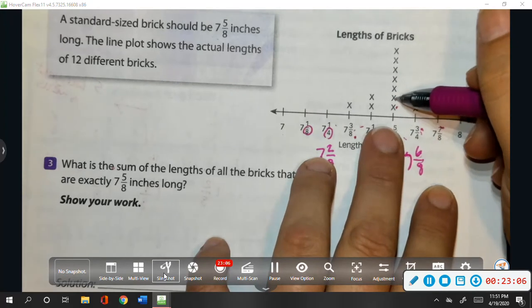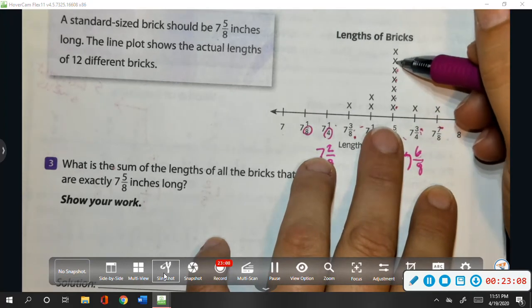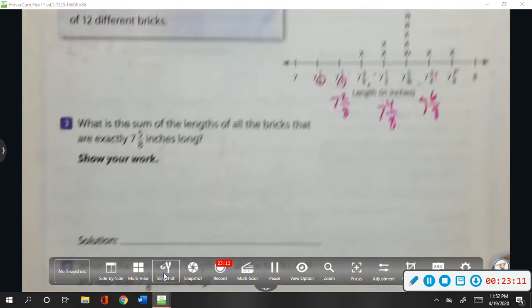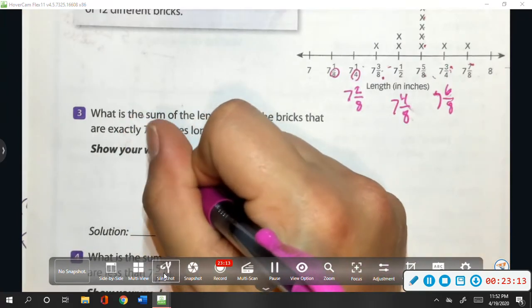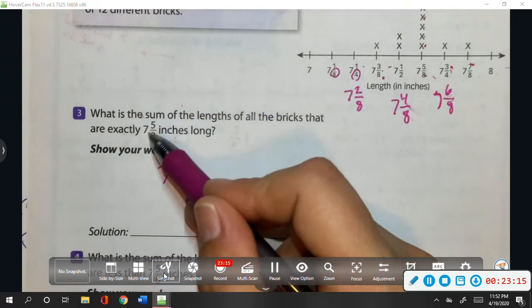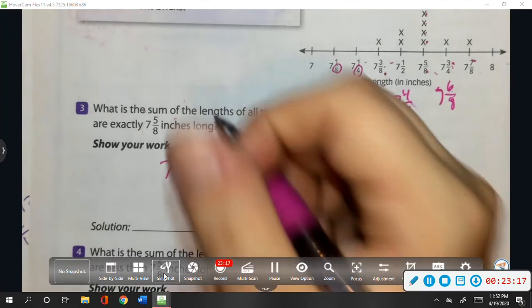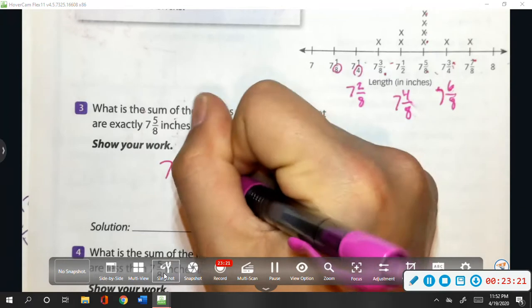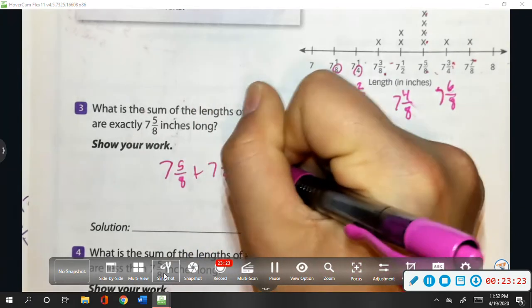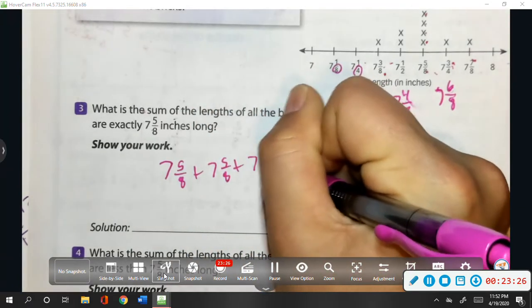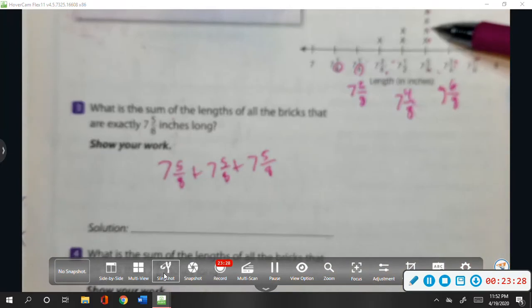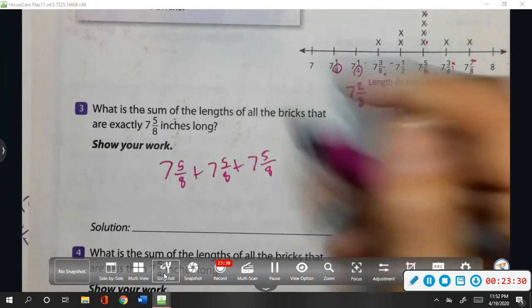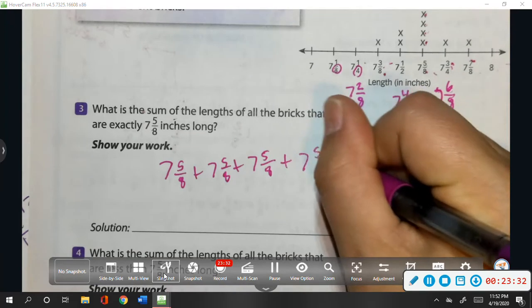So we have 1, 2, 3, 4, 5, 6, 7. We have 7 bricks that are 7 5/8 inches long. And you can write it out. You can say 7 5/8 plus 7 5/8 plus 7 5/8. Always want to make sure you're counting right.